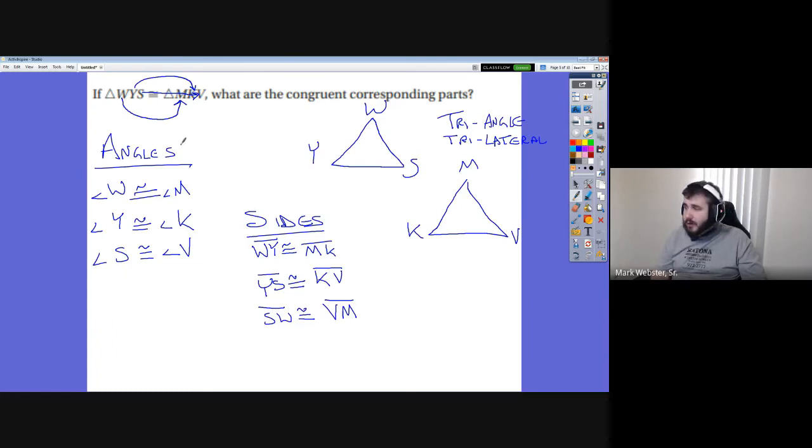Each letter has a brother or sister on the other side. Each letter on the left triangle has a sibling that is identical on the right-hand side. Keep that in mind, and then you will never go wrong. Trust me on this.